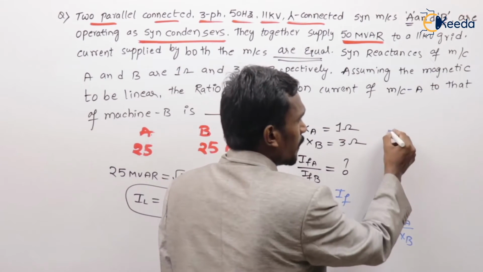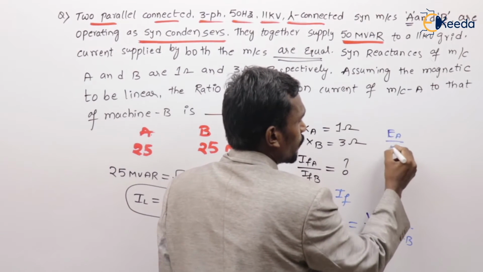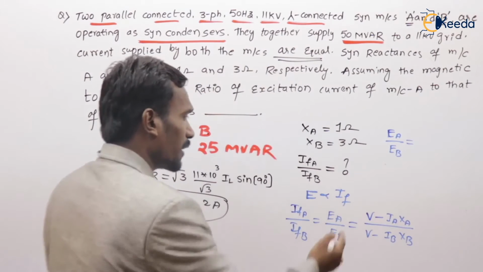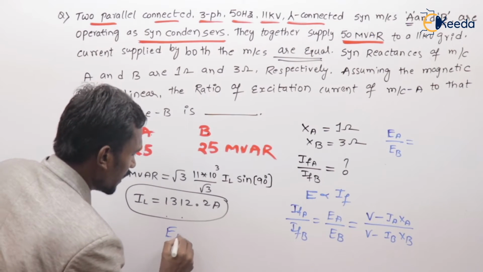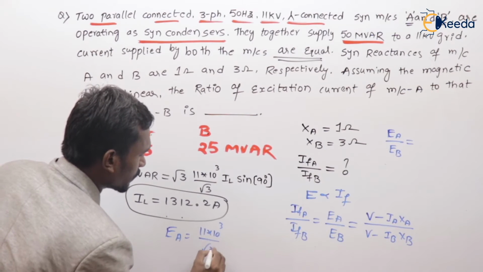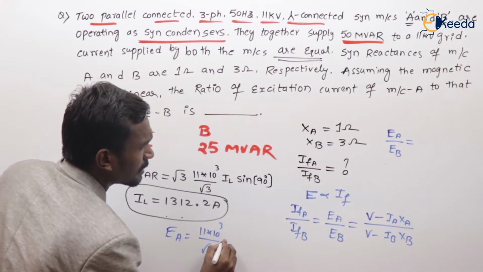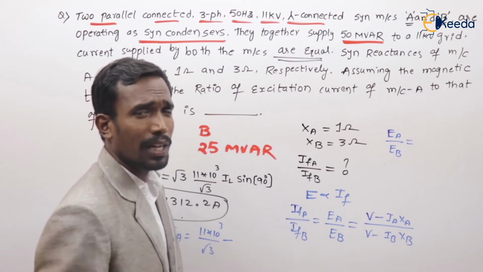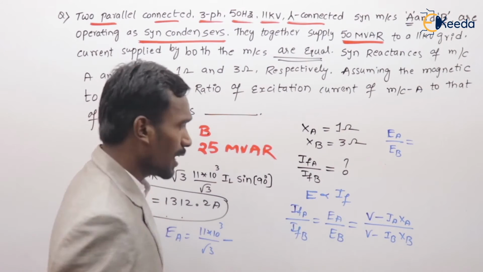EA is 11 kV by root 3 minus IA times XA, with a minus sign because this is a synchronous motor.